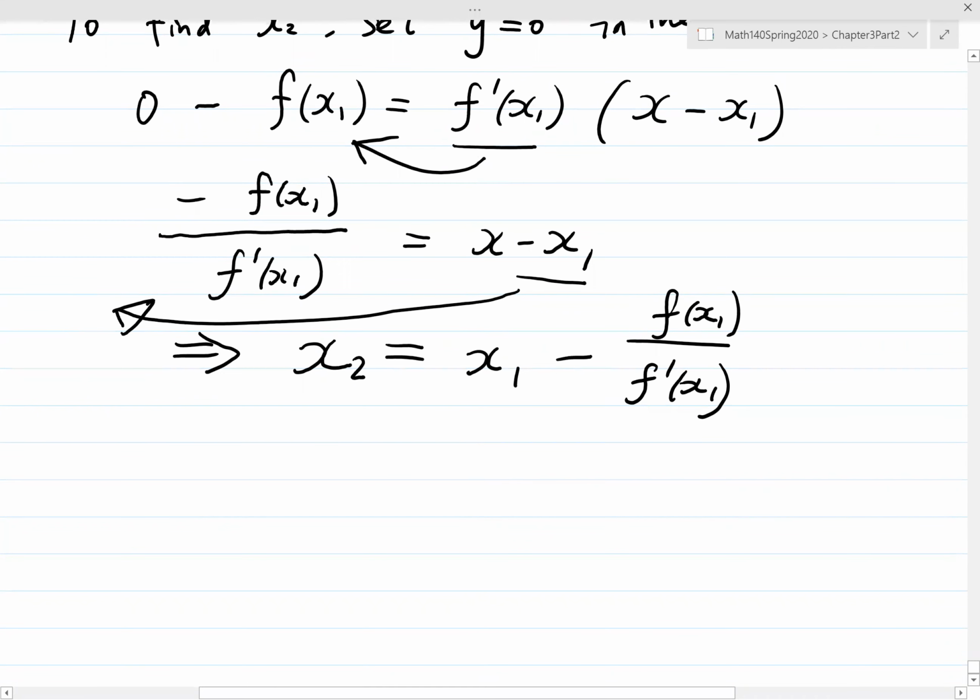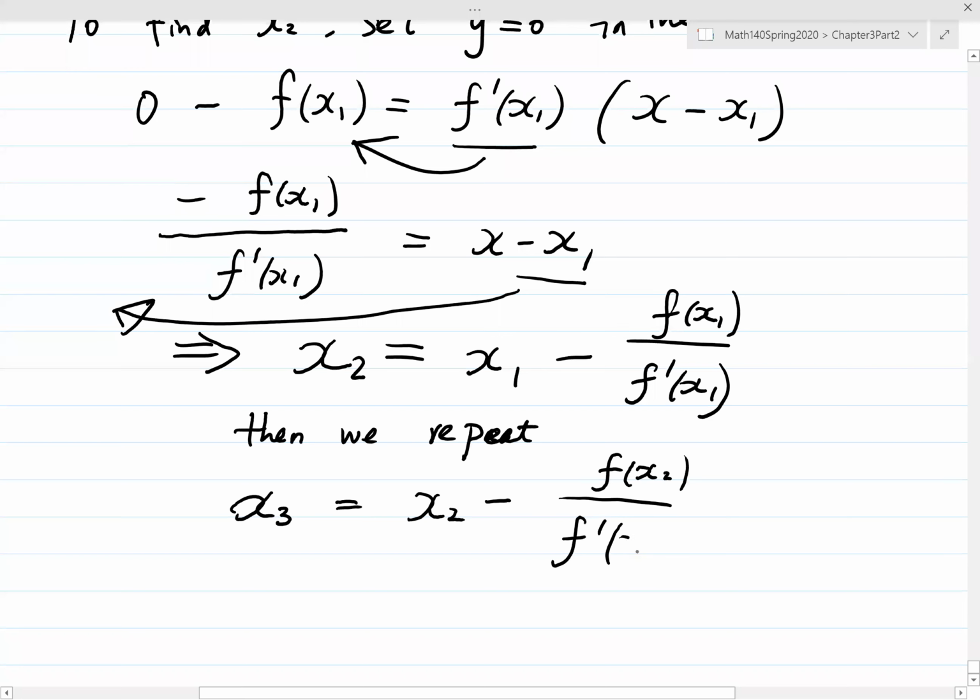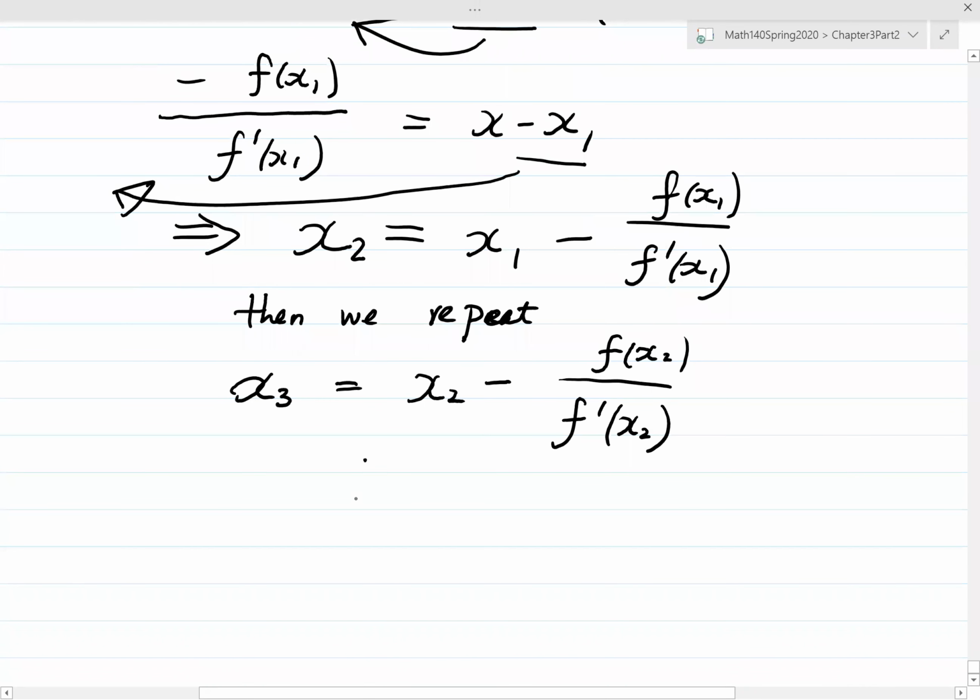Then we repeat it. So x3 uses the same algorithm with L2: x2 minus f(x2) over f derivative at x2, etc. So this is called iteration.